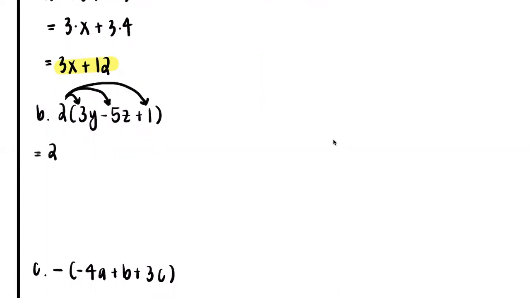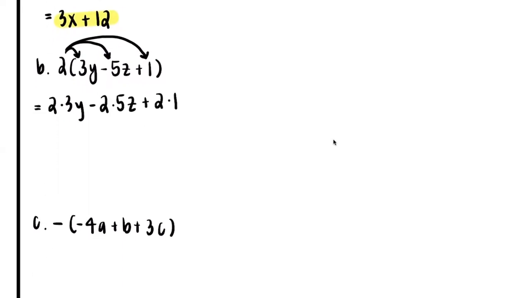I'll have 2 times 3y first, minus 2 times 5z, plus 2 times 1. Well, 2 times 3y is 6y. -2 times 5 is -10z. And lastly, plus 2 times 1 gives a product of 2.